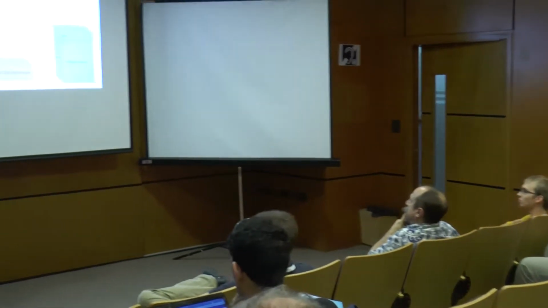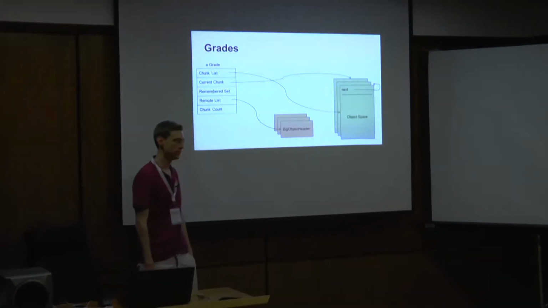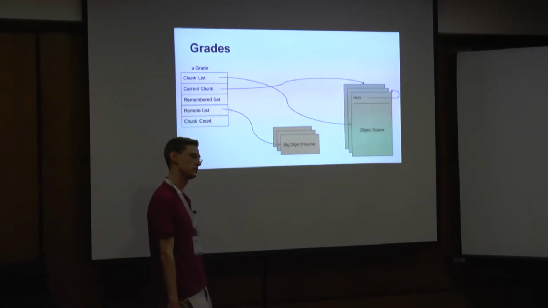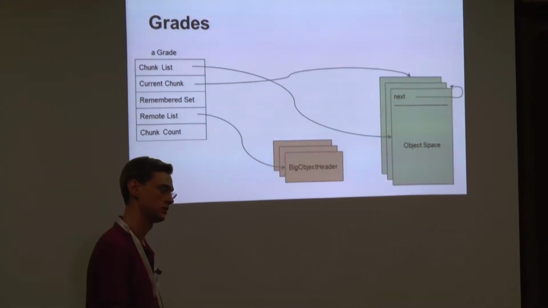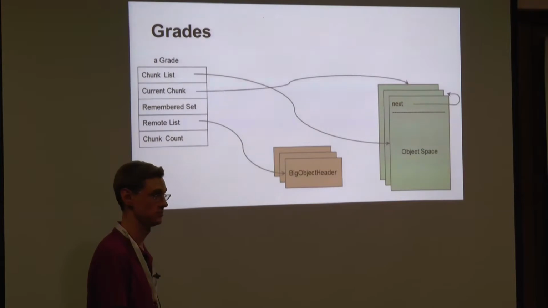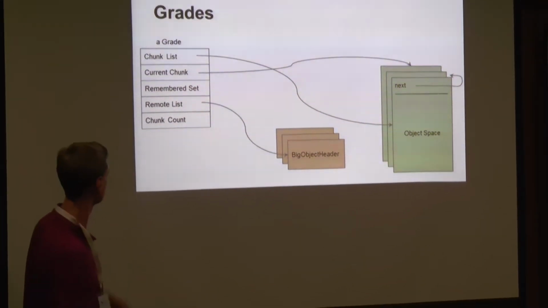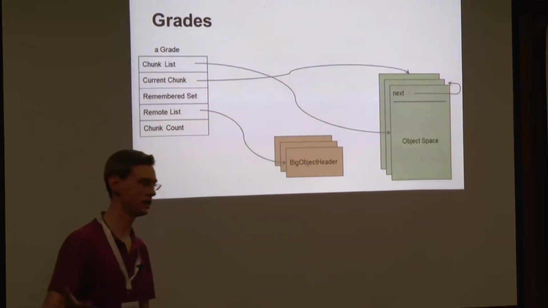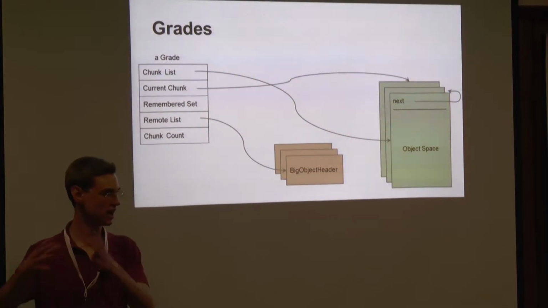You said the remembered set holds the objects that have references into the space. Does that mean references from objects in any other grade, or just higher grades? Higher grades. If we're looking at a higher grade and an object in that grade holds a reference to a lower grade, it will not be in the higher grade's remembered set.